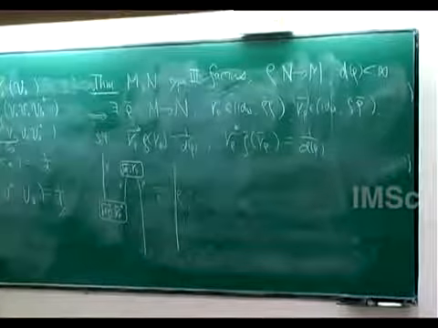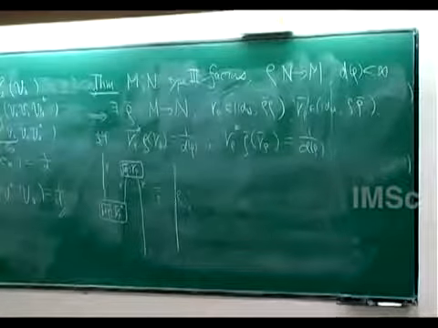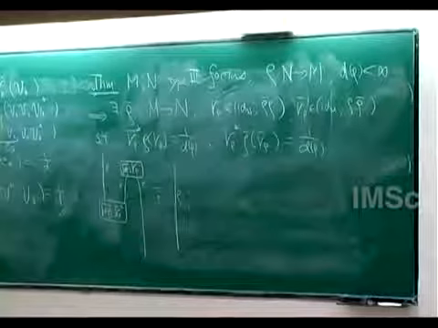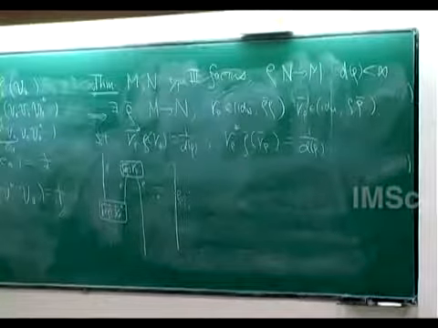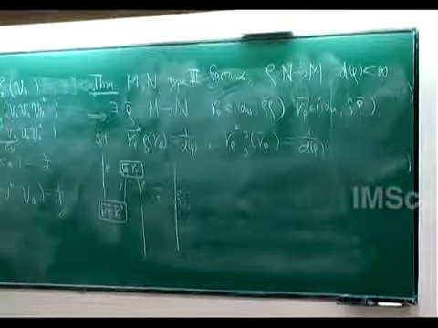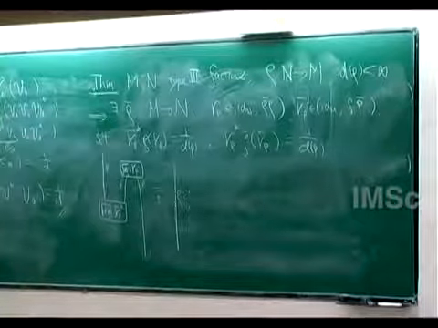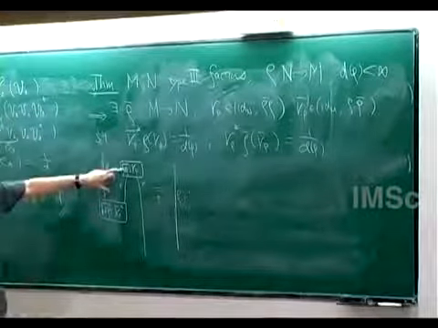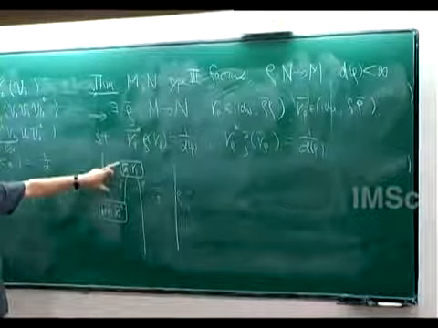Both are d rho, 1 over d rho, 1 over d rho. So I put square root of d rho here to normalize it.